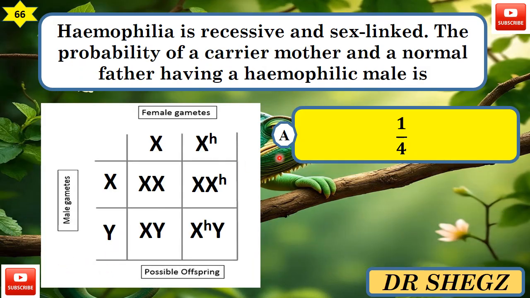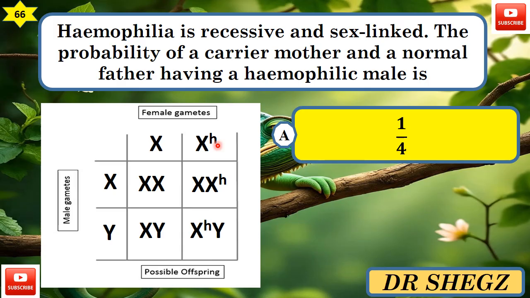The answer is 1/4. Now you see the XY for the male gamete and the XX for the female gamete. Since she's a carrier, she has one of the X chromosomes containing the hemophilic trait. However, for it to manifest, it has to be in both.